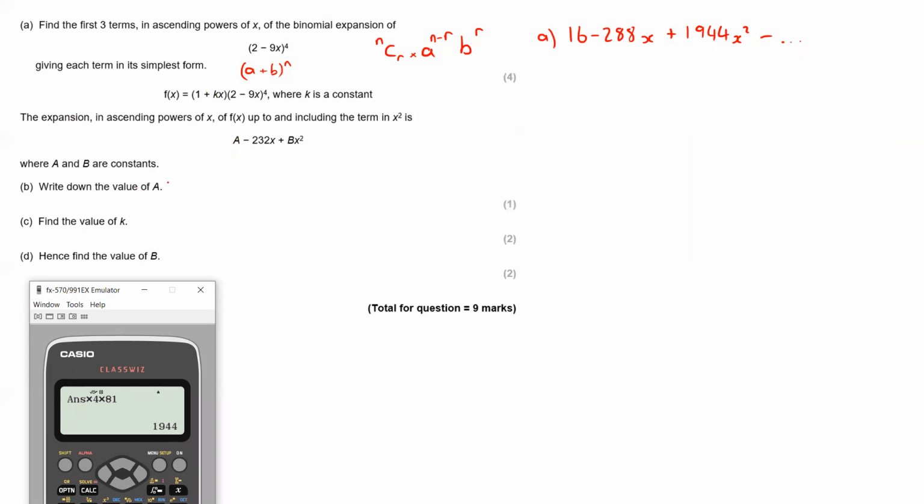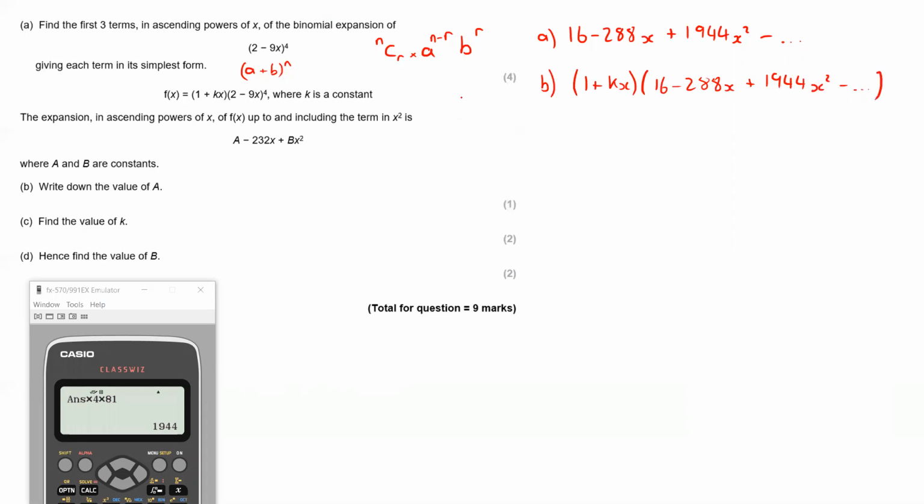So I need to find what a is, what k is, and what b is. So the first thing I'm going to do here is just write this out again, but with this expansion. So for part b, I'm going to start by writing out 1 plus kx multiplied by, and then this thing here. And we're going to talk about the cross multipliers that could happen from here.